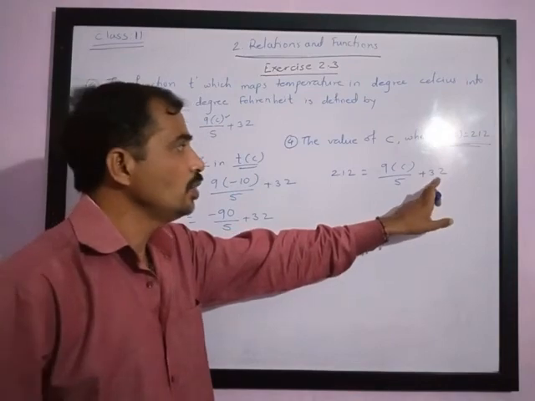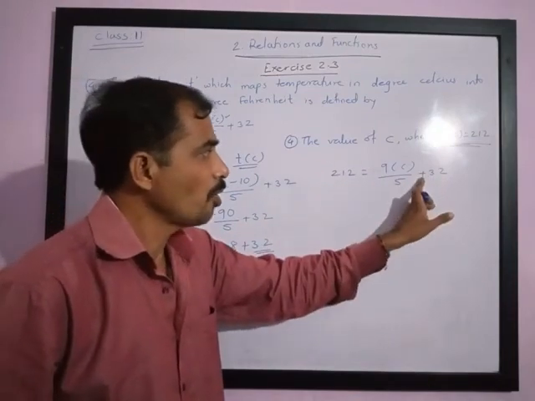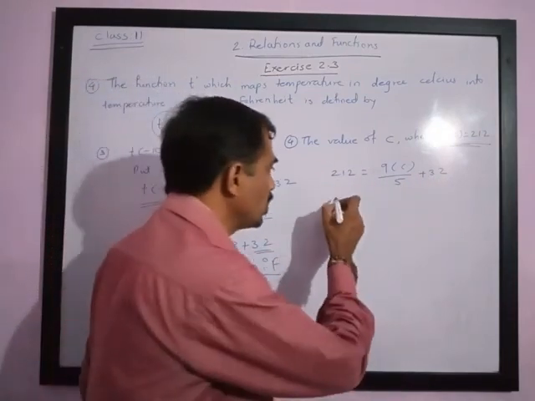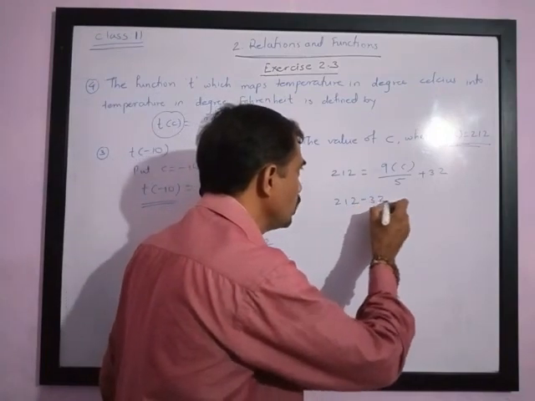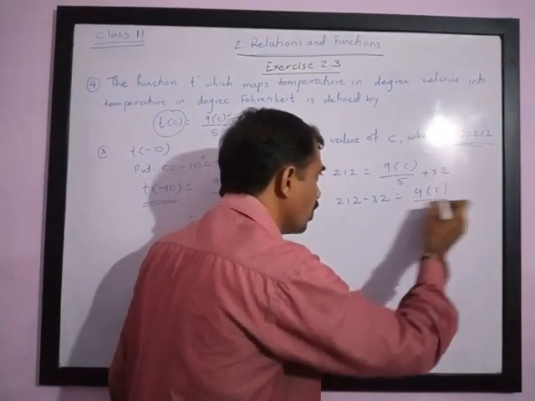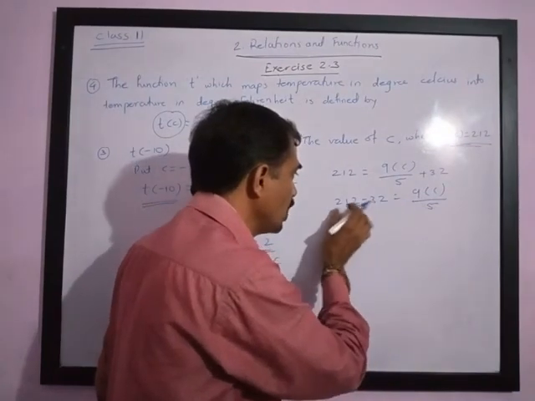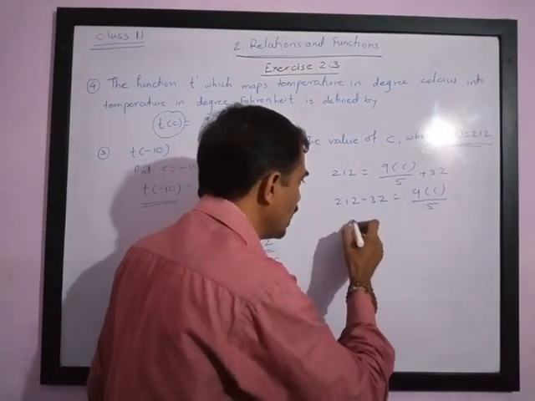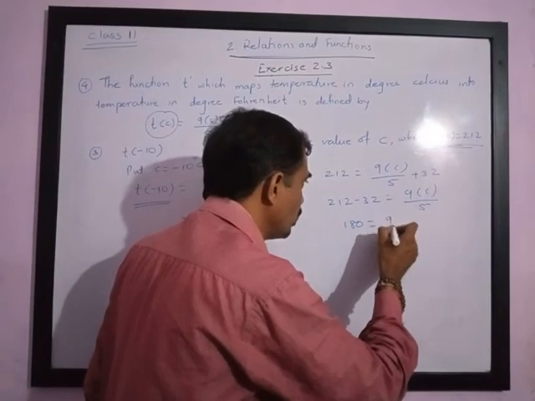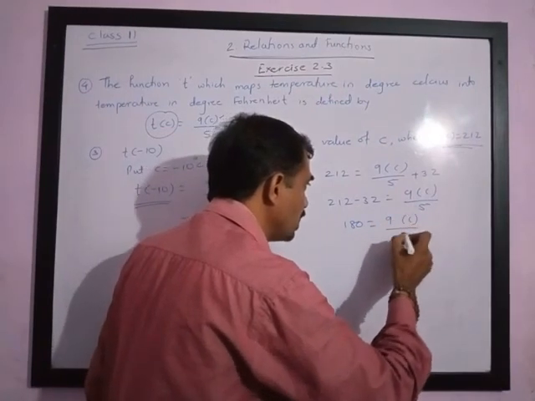So try to understand. If 32 is transposed to the left side, it is positive, it will become negative. So you will get 212 minus 32 is equal to 9 into C upon 5. So this is equal to 180 is equal to 9 into C divided by 5.